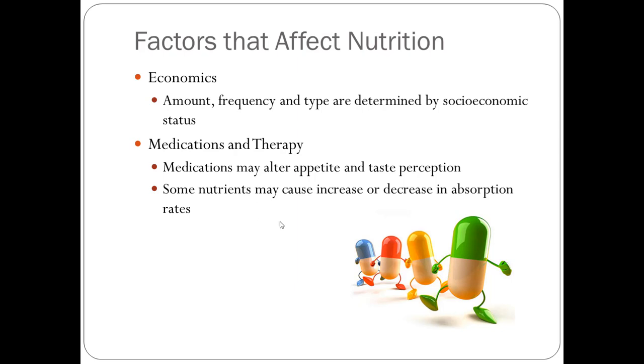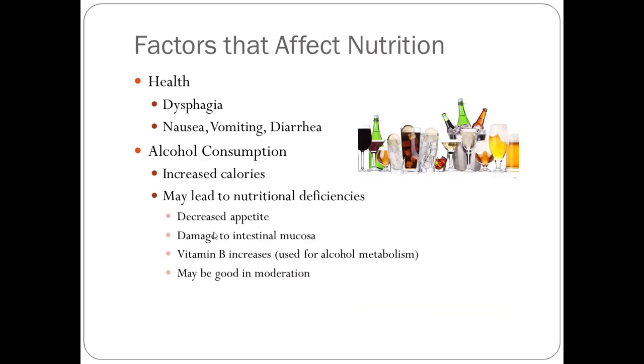So just know that different foods and nutrients can decrease appetite, change taste, how they view food, and the absorption may be changed. Health also affects nutrition. If someone has dysphagia, or if you're sick with the flu, you're really not taking in the proper nutrients.